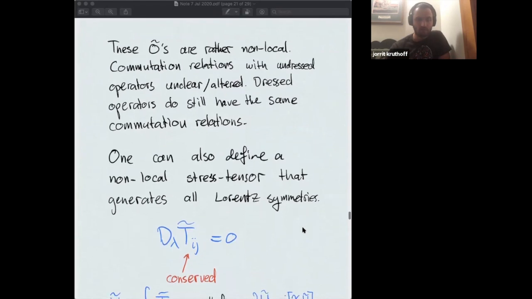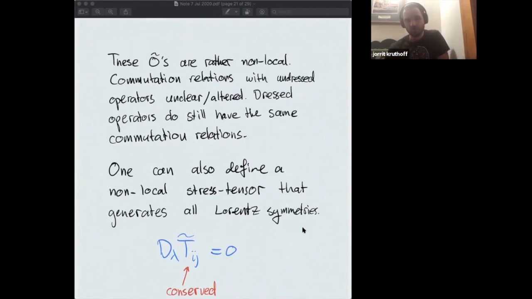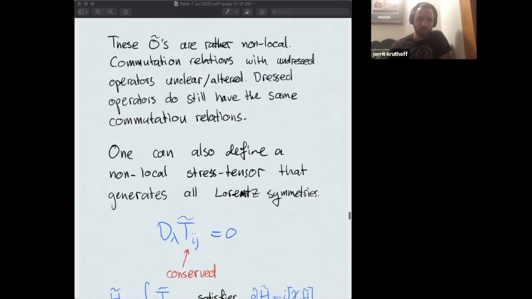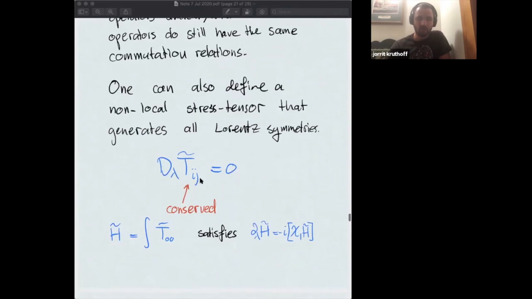Similarly, one can define a stress tensor that is also covariantly conserved with this particular covariant derivative. Let me just flash that real quick. That is this particular object. And you can show that on the plane, and also on the cylinder, this stress tensor is conserved, generates the correct charges, and so can be considered as a non-local stress tensor in the deformed theory.